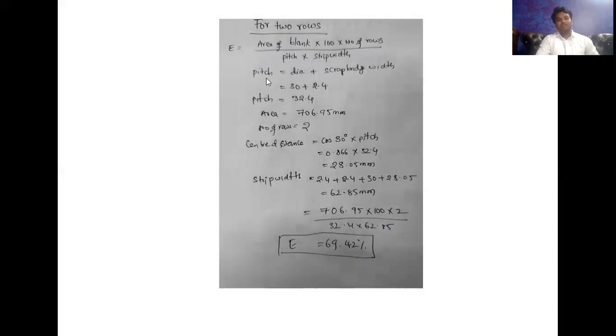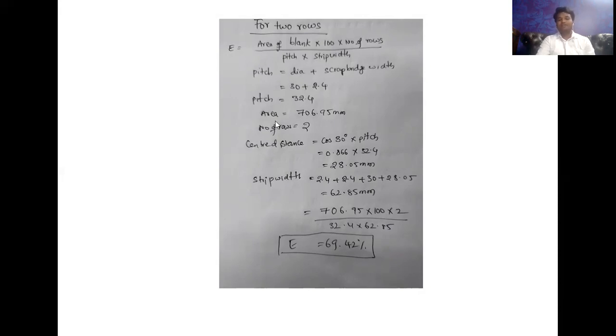The pitch is the diameter of the circle plus scrap bridge width. The scrap bridge width is 1.2 into S, where 1.2 is the factor and S is the thickness. Again we get 2.4, so the pitch is 32.4.